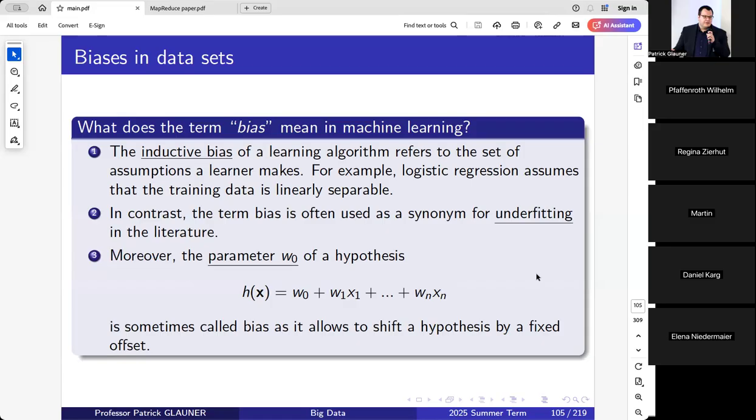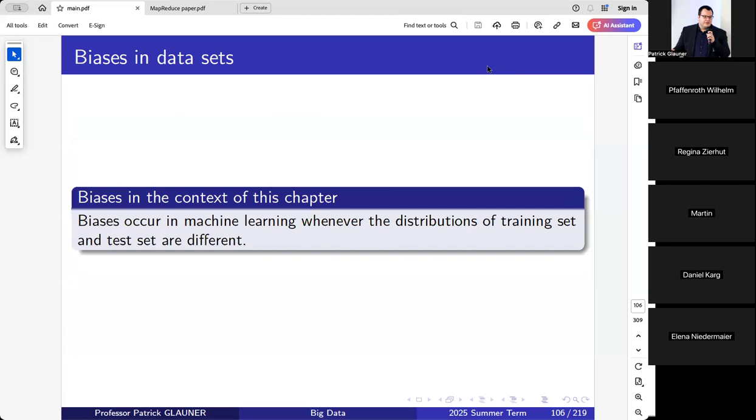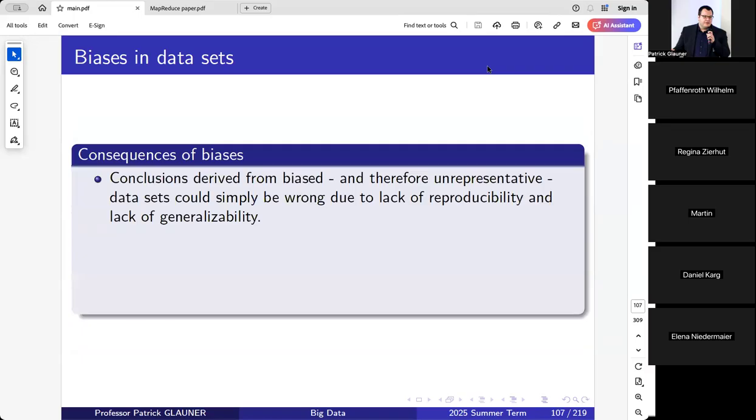I think most of these people who work in these NGOs don't even know from a mathematical perspective what a bias is, and that it may mean lots of other stuff. So this is obviously not an exhaustive list of what bias may mean. It's just what came to me as the most intuitive ones. But from now on, we mean that the distributions of the training set and test set are different.